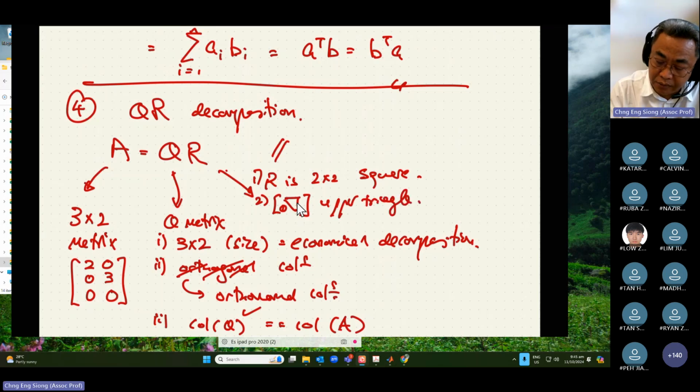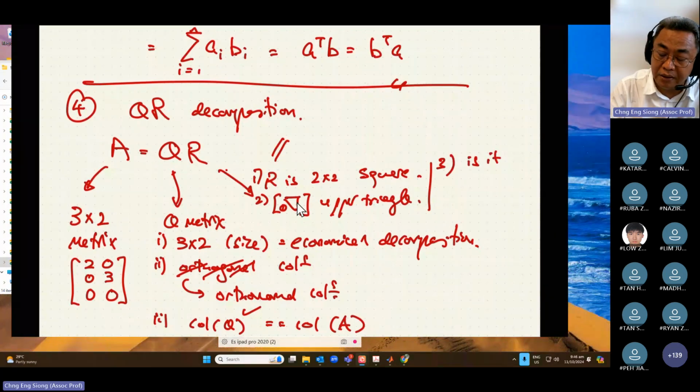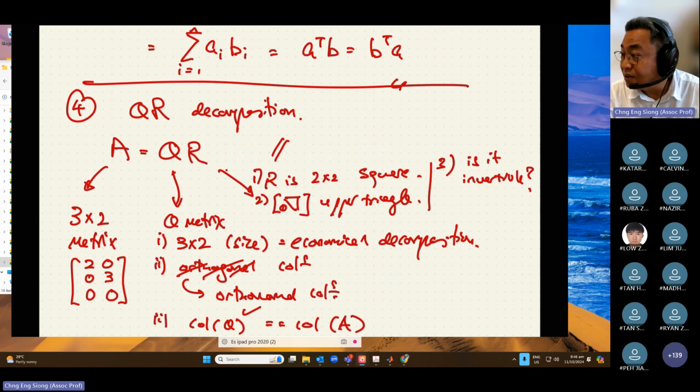Then the third property: now it's square, right? Is it invertible? A is 3 by 2, so A is not invertible.